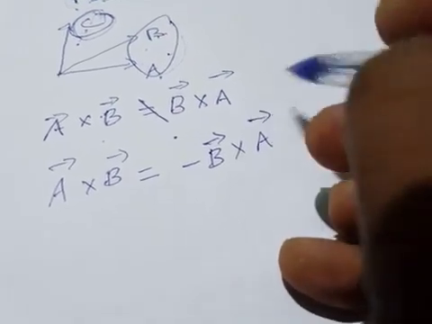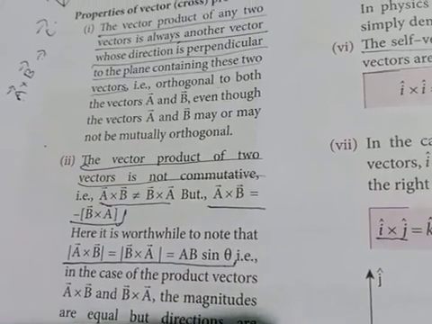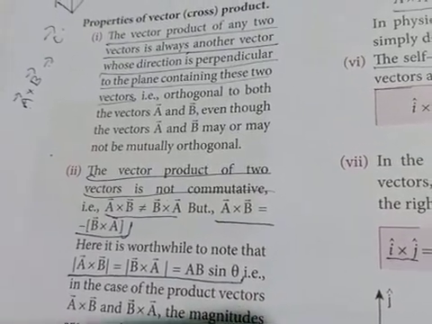So what is the second property? The vector product of two vectors is not commutative.